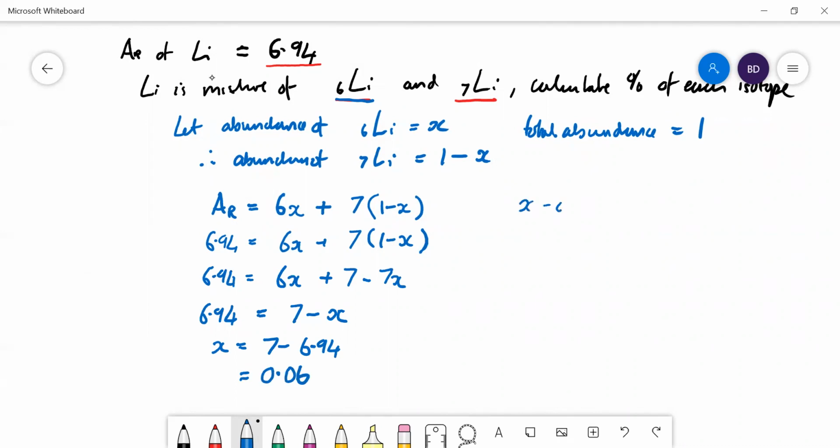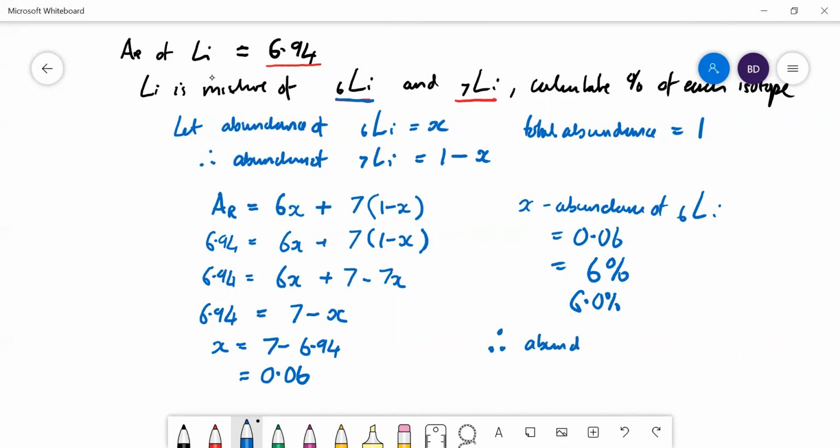It's the abundance of isotope 6. So that's equal to 0.06, which is equal to 6%, or 6.0%, I should say. So we can say from that, therefore, the abundance of 7 has got to be 100% minus 6, which is equal to 94%.